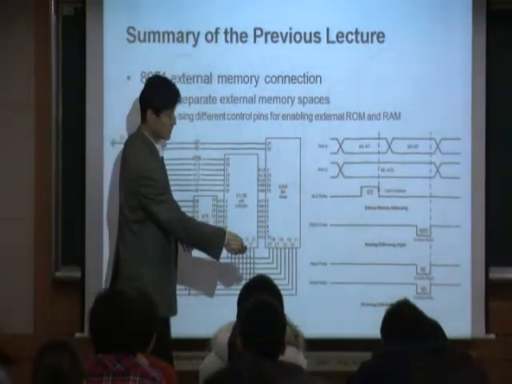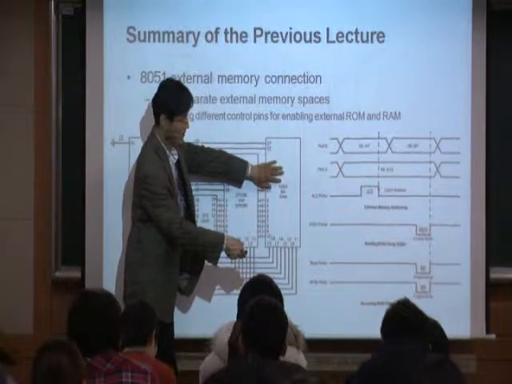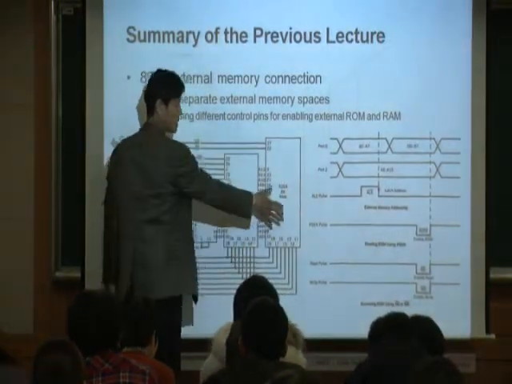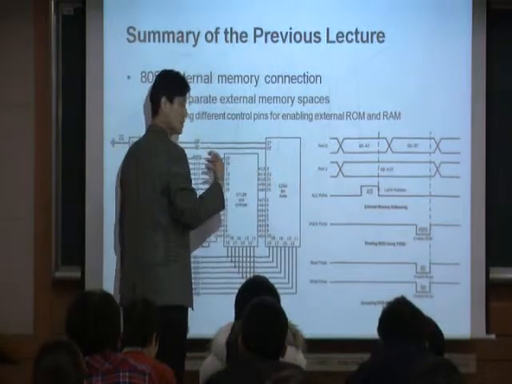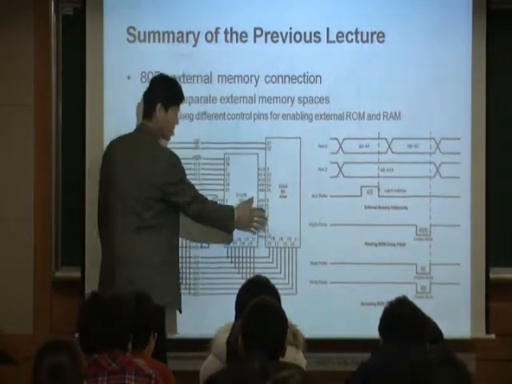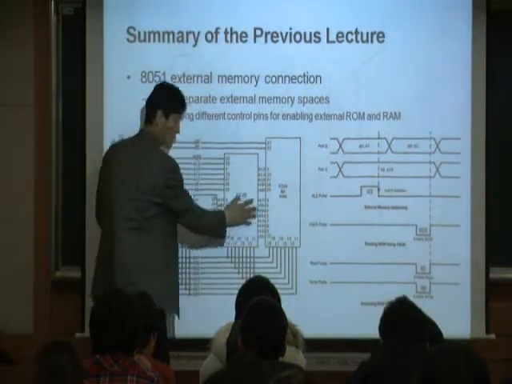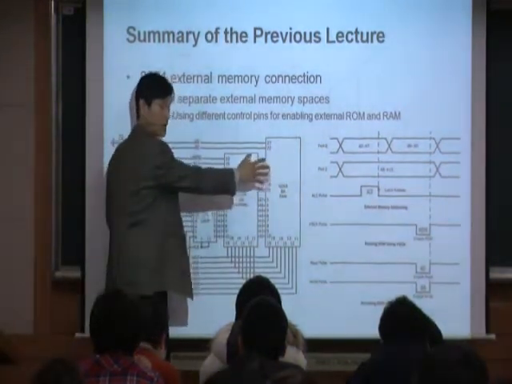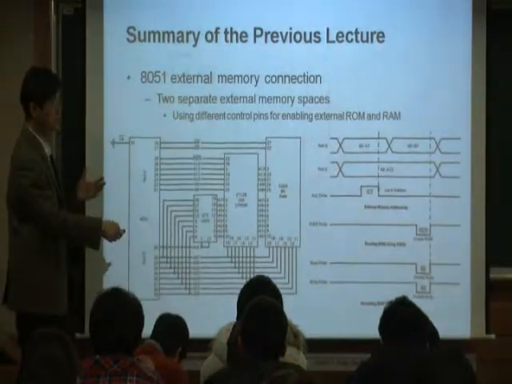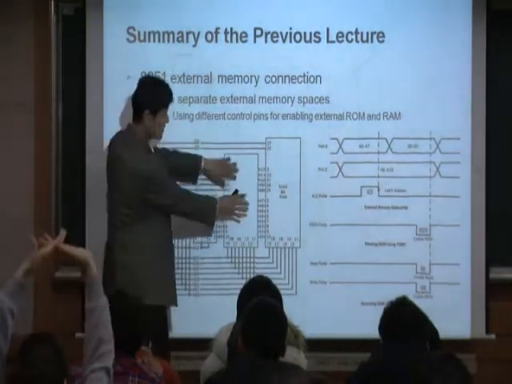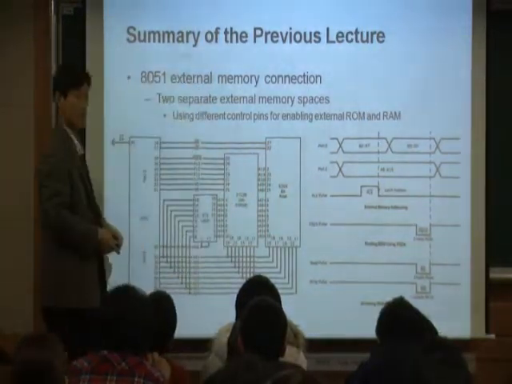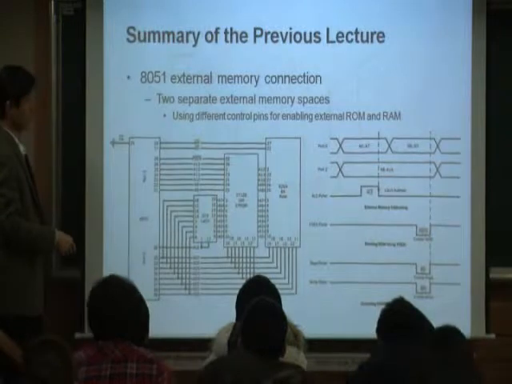If you enable this memory by lowering this one, then maybe we want to write or read some data here. This memory is connected with this A pin and that A pin for address, and this one for data. Okay? So from the memory perspective, it has a 16-bit address and also 8-bit data at the same time, right?